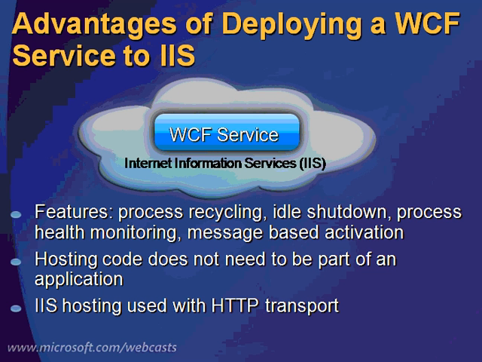This hosting option requires that we have an IIS server that's properly configured, but doesn't require that we do any hosting code as part of the application. This type of hosting will work with the HTTP transport, but doesn't work with the other ones.